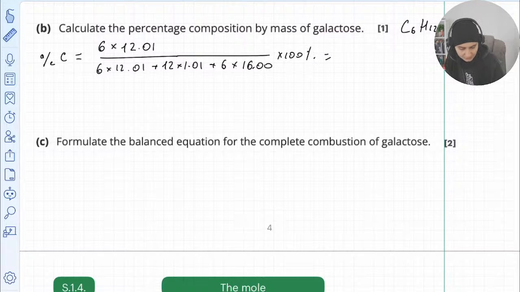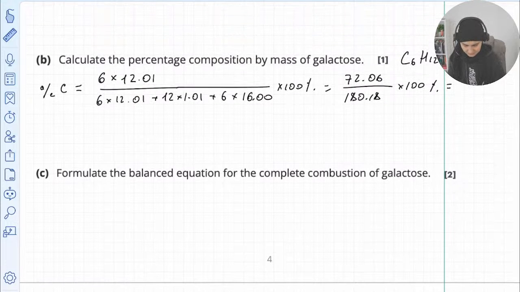Yeah, so number of carbon atoms times relative atomic mass divided by the total molar mass. 6 times 12.01, that's 72.06, divided by 6 times 12.01 plus 12 times 1.01 plus 6 times 16, that's 180.18, and times 100%.